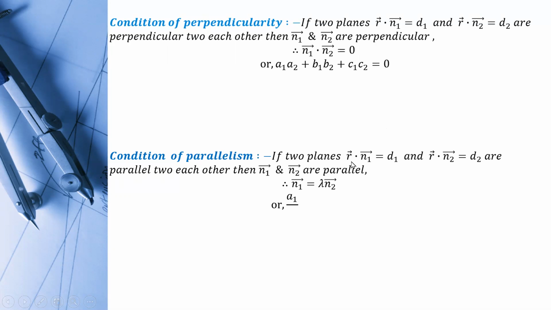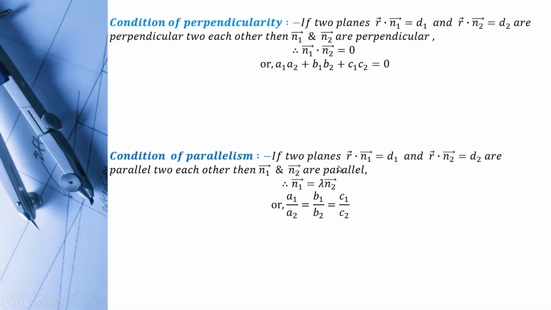If we represent this in the Cartesian form, the condition for parallelism is a1 by a2 equals b1 by b2 equals c1 by c2. That is, the ratios of the coefficients of x, y and z are equal: a1 upon a2, b1 upon b2, and c1 upon c2 are equal.